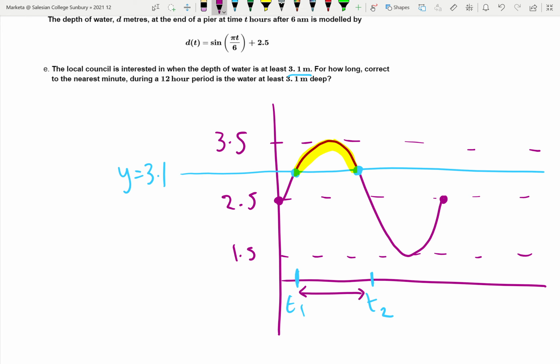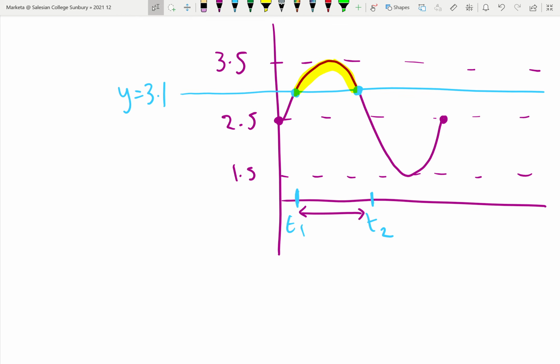So that's the maths that we're trying to do there. If you're doing it on CAS, you could either find those by finding the intersection between your d of t and y equals 3.1 on graphs and tables, or you could just do this in main. And look, I would probably do it in main. You might like to look at it on the graph. It's quite nice to see it like that. This is one where you would have to use CAS because we're not going to get an exact value. So I'm going to say, well, d of t equals 3.1.